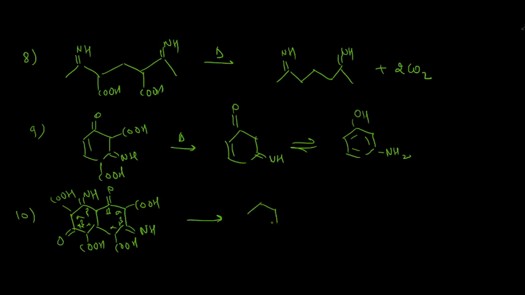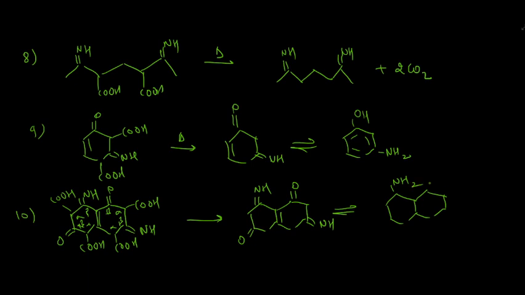All four COOH will go, and after tautomerization, the remaining compound has double bond NH, double bond O, double bond NH, double bond O, which will form a tautomer to the NH2 OH, NH2 OH. This will form a compound.